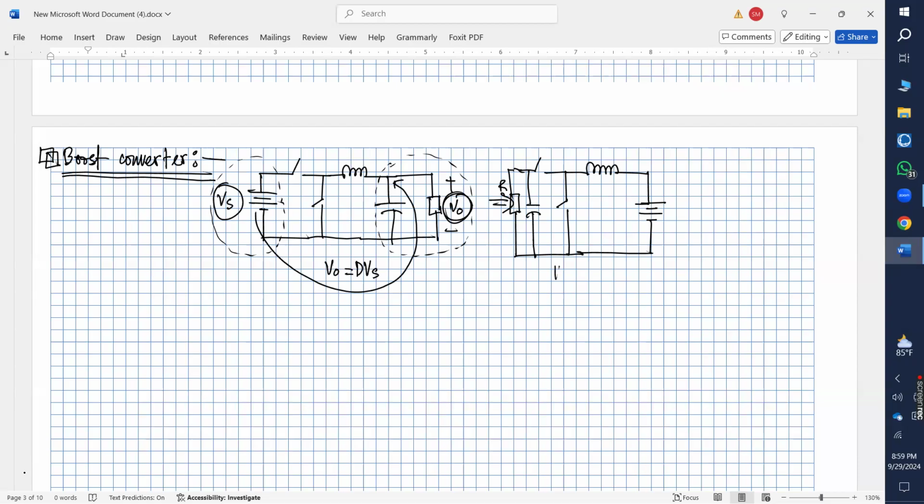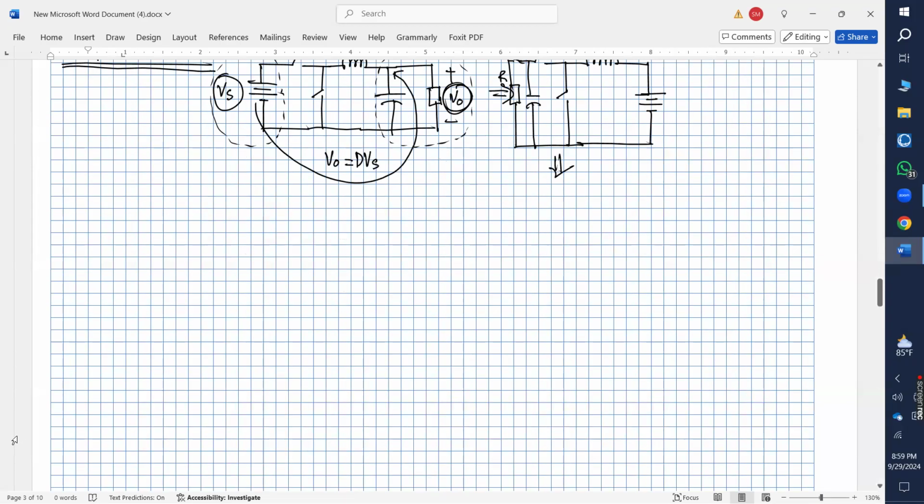So with that concept, suppose now we just switched the position of the source and the load, and this circuit will be like this. Suppose we have a capacitor, then an inductor, then a switch, then another switch, then it is connected to a capacitor, and then it is connected to the load.